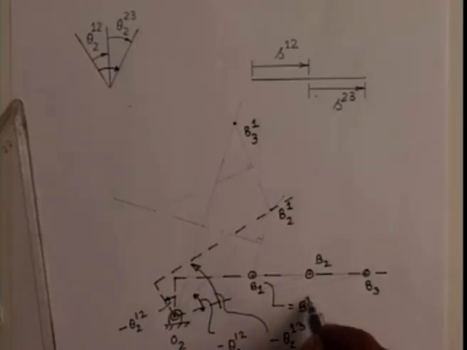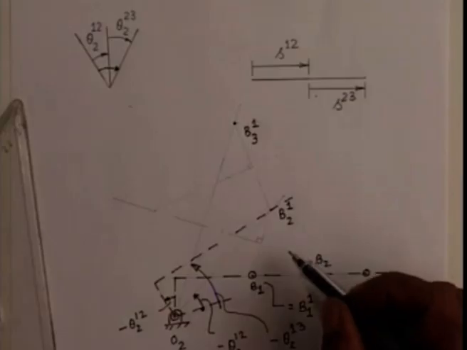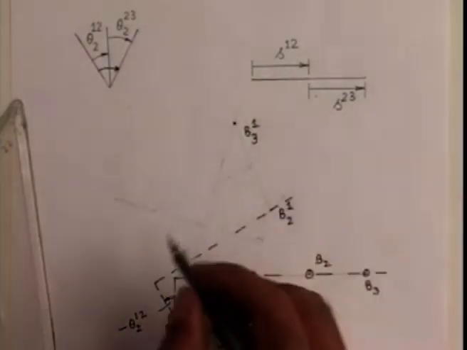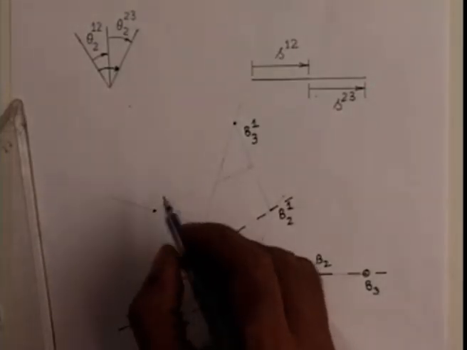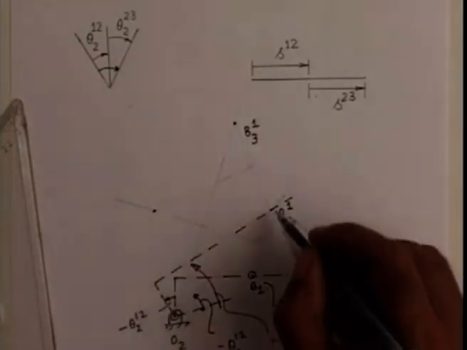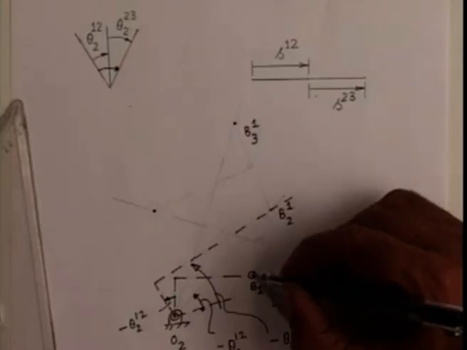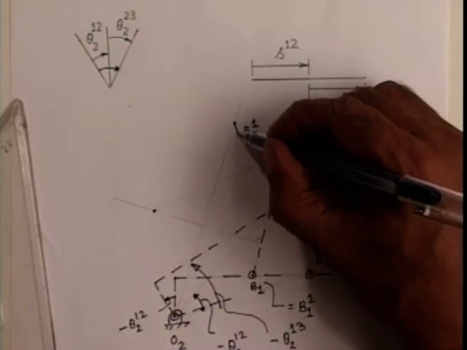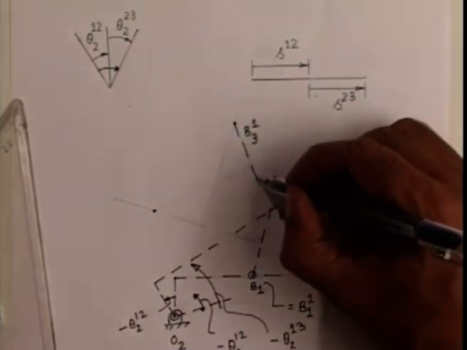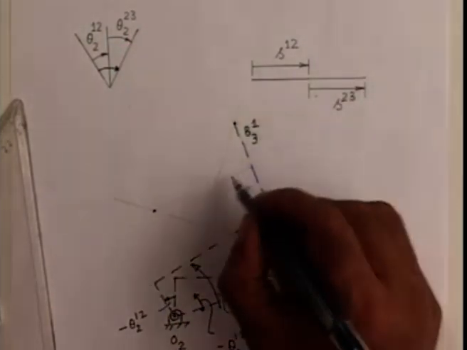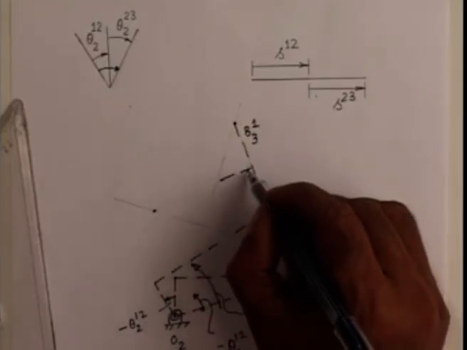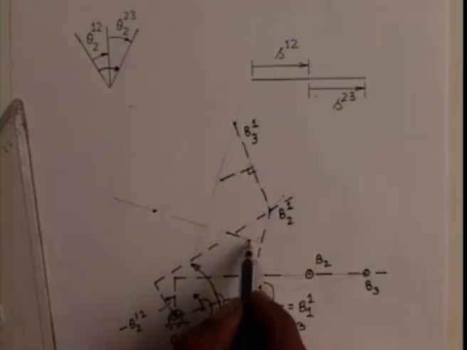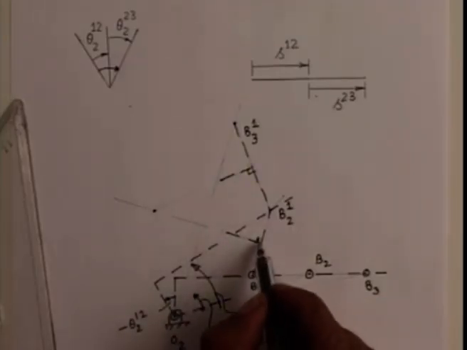Now, the center of the circle passing through these 3 points B11, B21 and B31 determines the location of A1. We draw perpendicular bisector of these two lines as usual. We draw the perpendicular bisectors. This is perpendicular and this is also perpendicular.